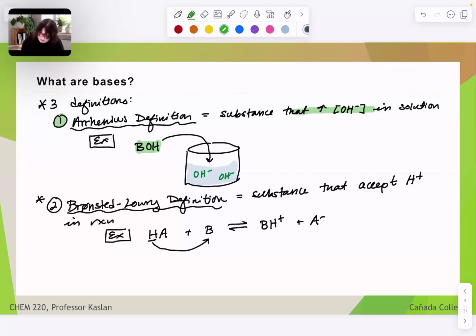And because B was the thing that accepted or took in that H plus ion, that is what makes this a Bronsted-Lowry base. Get my color coding going. There we go.